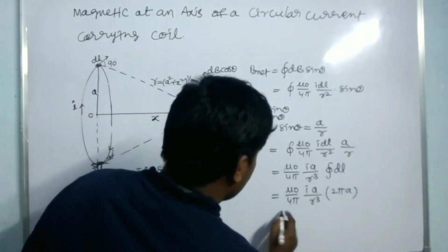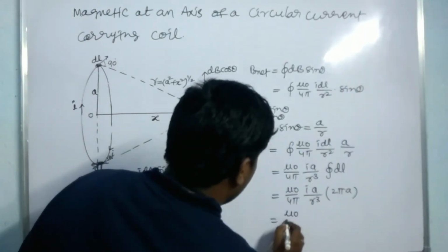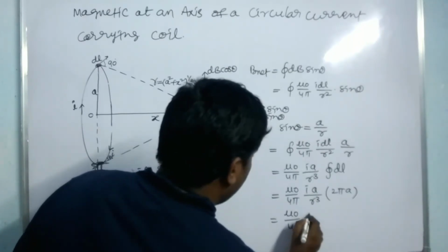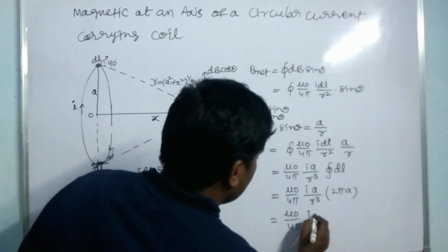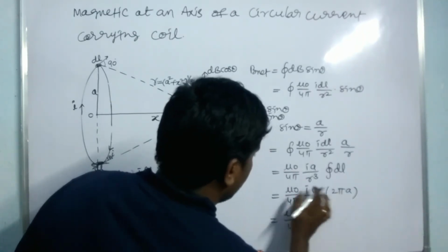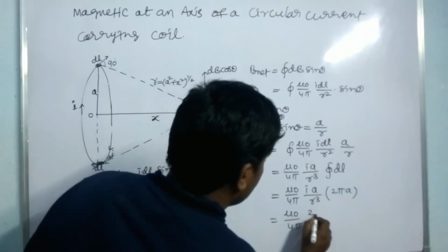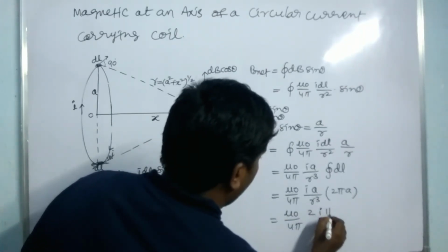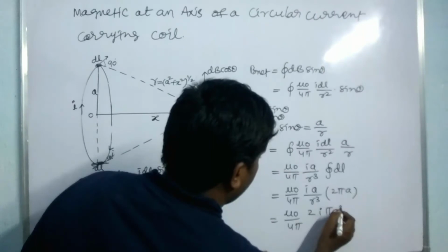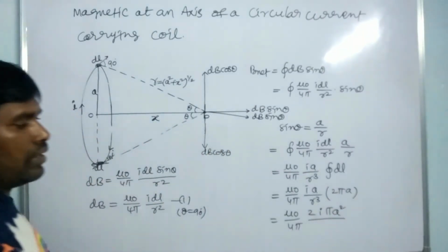A into a square. It is mu naught by 4 pi, I can write that pi as 2 into I. So let us write here 2 I pi a into a square by r cube.